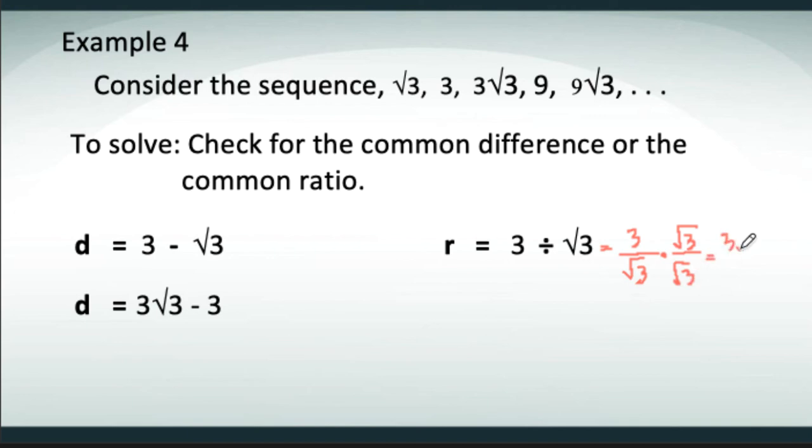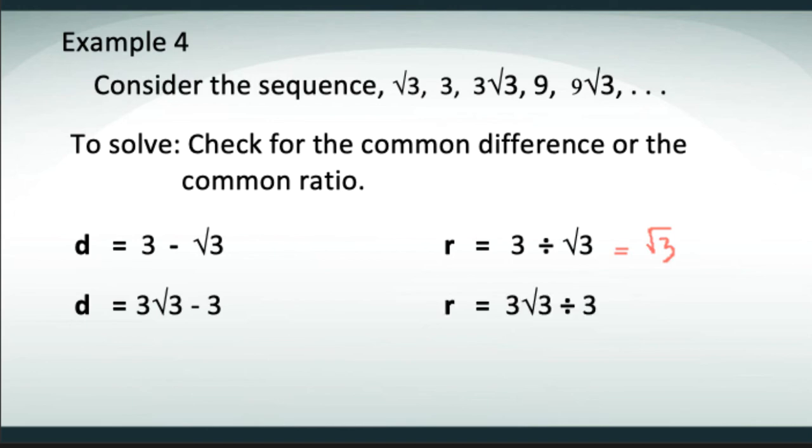And our answer will be 3 square root of 3 over square root of 9. Now since square root of 9 is a perfect square, we will have our answer as 3 square root of 3 over 3. And then we cancel both the 3 since they are divisible by itself. So we have 1. So our final answer is square root of 3.